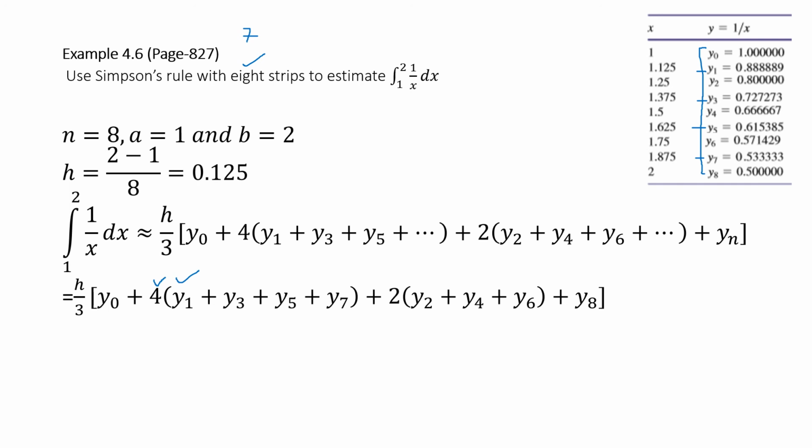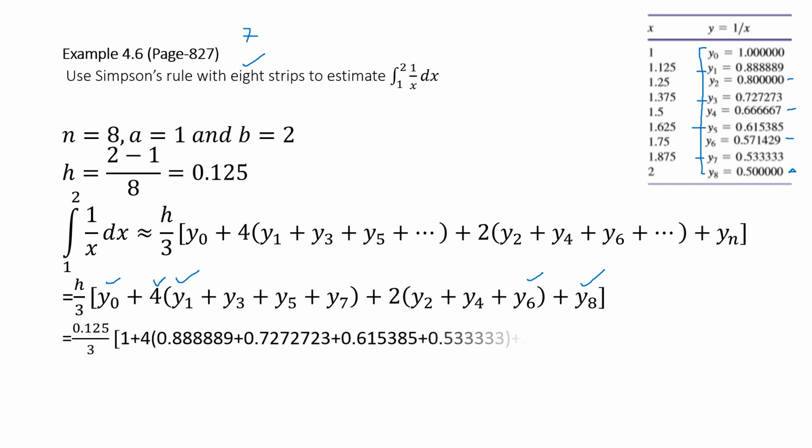The 1, 2, 3. The 8 is even, but the 8 is the last one, so we cannot take this in this parenthesis. 8 is the last one, so it will be kept at the end, and y0 is the first one, so at the end. Now plug in values from the table.